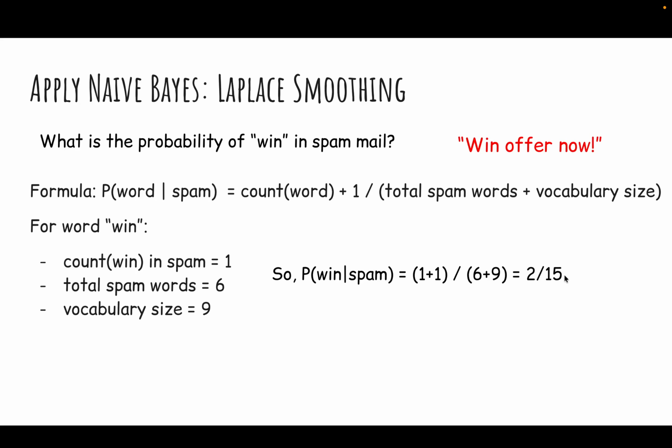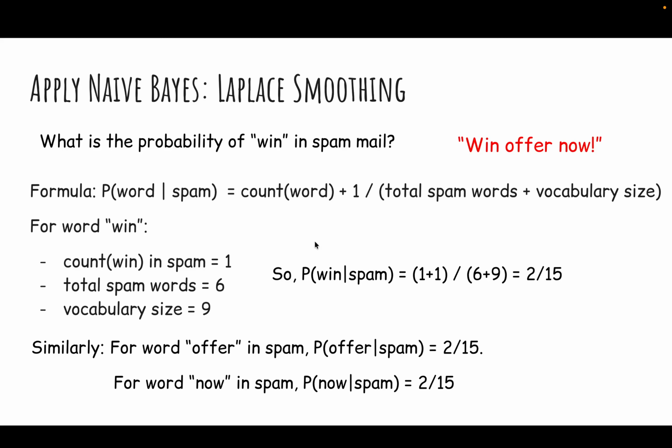Similarly, we have to find the probability of offer and now in a spam mail. So the probability of offer given spam is 2 by 15, and the probability of now given spam is 2 by 15.